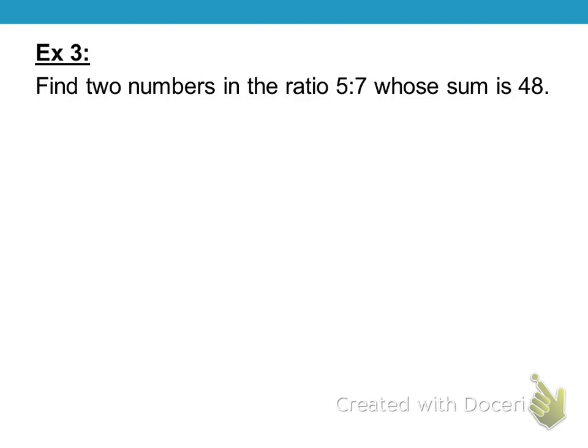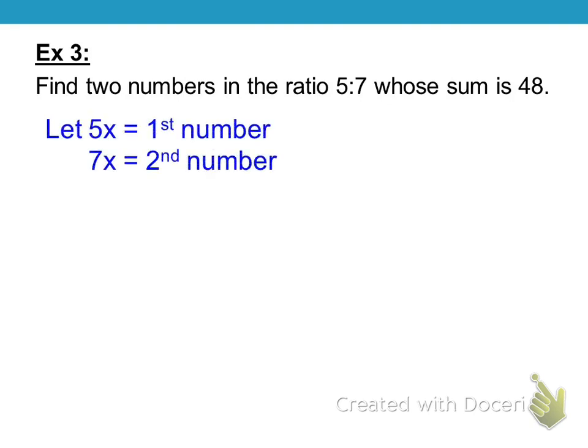So I know that 5 times some value plus 7 times that same value equals 48 because it has to be an equal ratio, 5 parts to 7 parts. So I am going to let 5x equal the first number. I'm going to let 7x equal the second number. And when I add the 2 numbers together, I get 48.